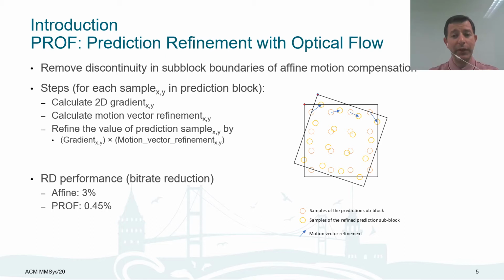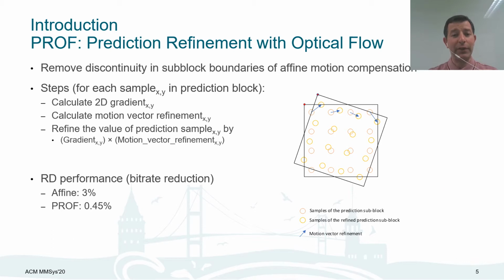As you see in this figure, the ideal sample locations that we are looking for with affine are these orange locations, but because of this sub-block based affine motion compensation, we have these red ones. So PROF tries to estimate the values of these orange circles using the red circles.